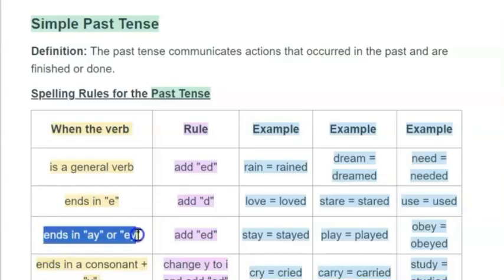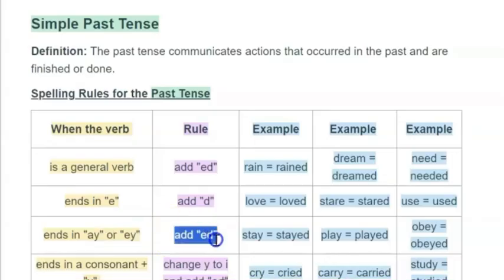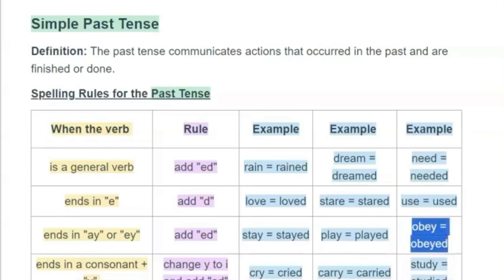When the verb ends in ay or ey, you add ed, such as stay turns to stayed, and play turns to played, and obey turns to obeyed.